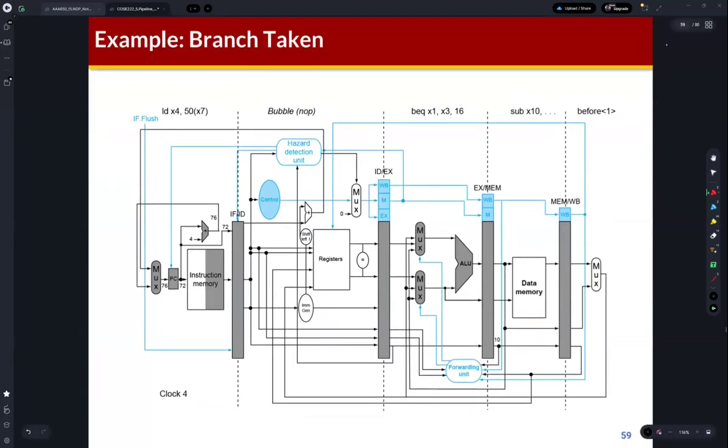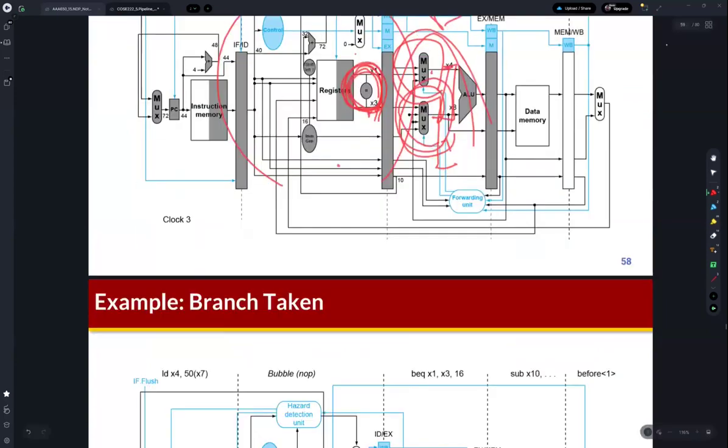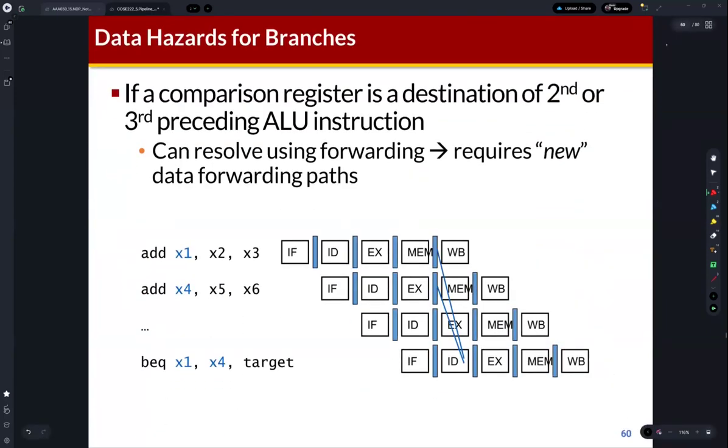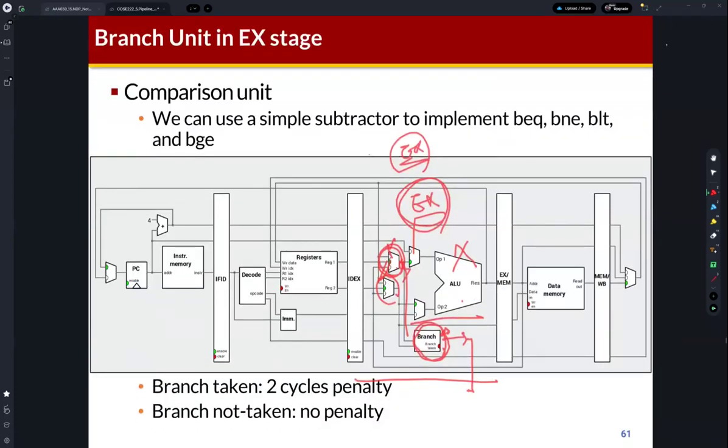So using this structure, we can quickly detect the branch instruction, but this structure causes the new data hazard. So we can think that the performance improvement is not large.